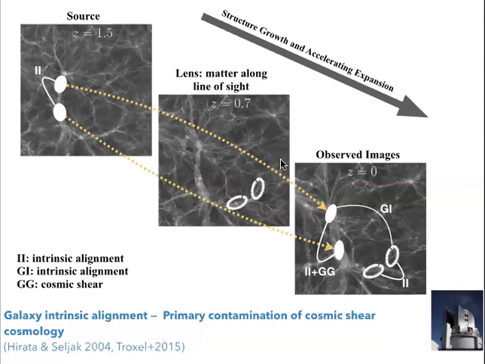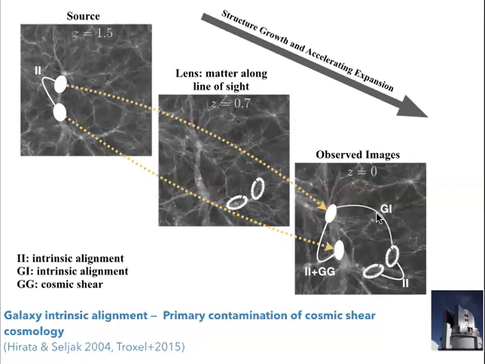And there is another intrinsic alignment signal. It originates because the matter that distorts the background galaxies is also producing the intrinsic shapes for the galaxies that lie in those large scale structures.